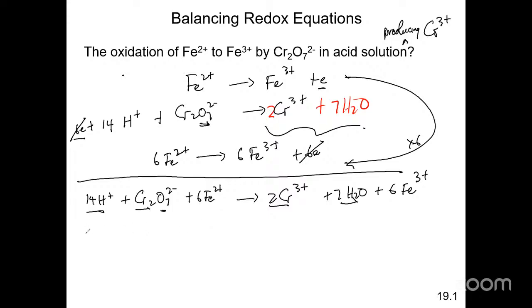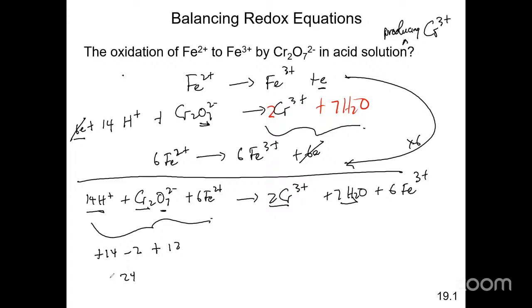And then we have to look at the charges. So basically, the total charge on this side would be plus 14, minus 2, plus 6 times plus 2, that's plus 12, not minus, plus 12. So it's 14 minus 2 plus 12, so that's 24.